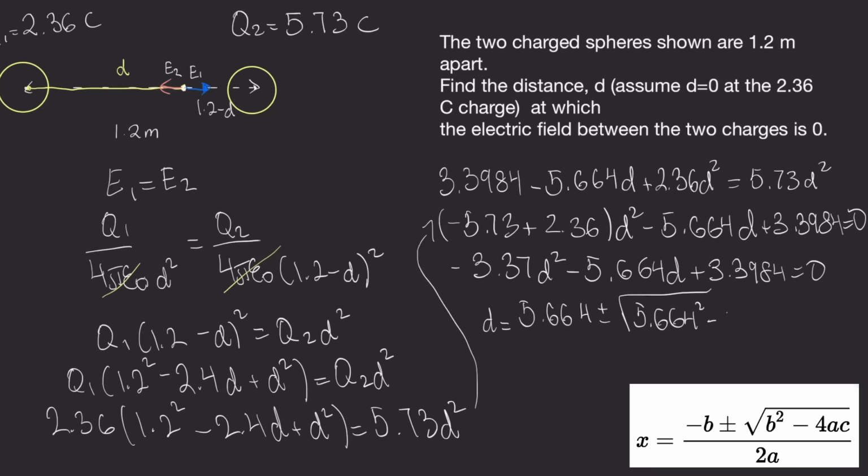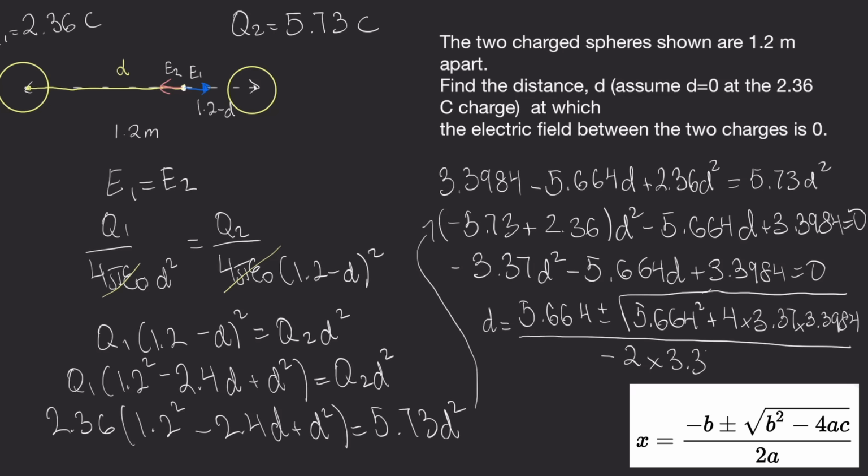Take away 4ac, so plus, because it's minus a, so 4 times a, which is 3.37. Multiply this by c, which is 3.3984. And we're going to divide all of this by 2a. So it's going to be minus 2 times 3.37.